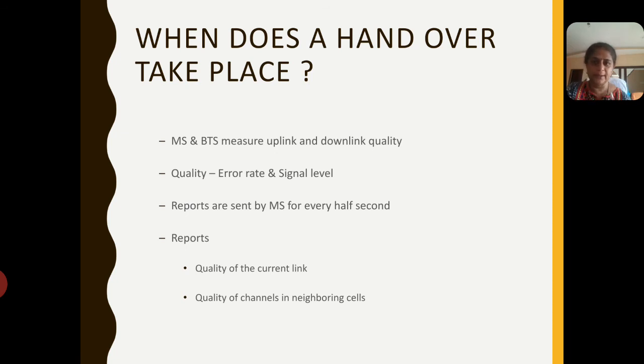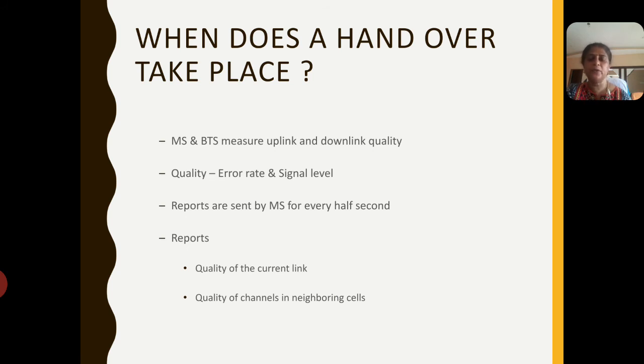What is quality here? The quality is the signal level and the error rate. The signal level between a mobile station and BTS and the error rate between the mobile station and the BTS is measured every half a second by the mobile station, and the reports are sent to the BTS.